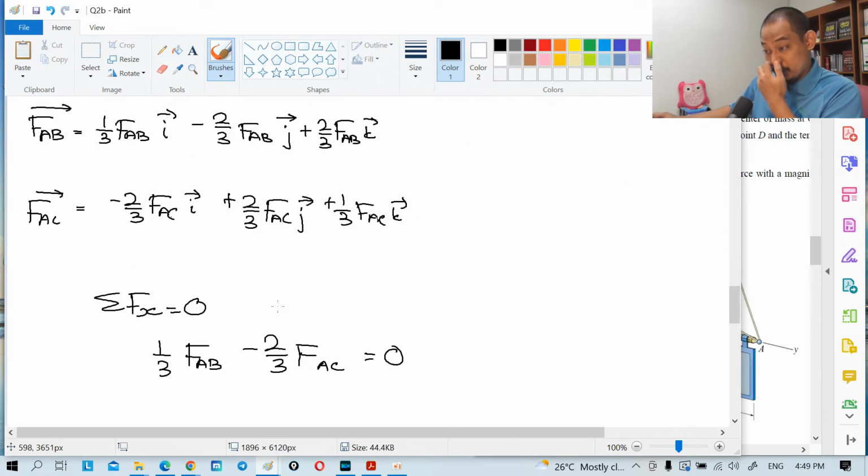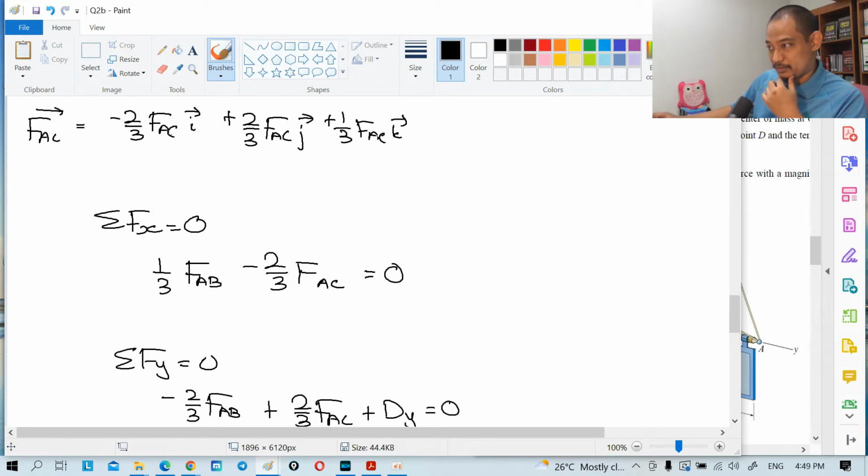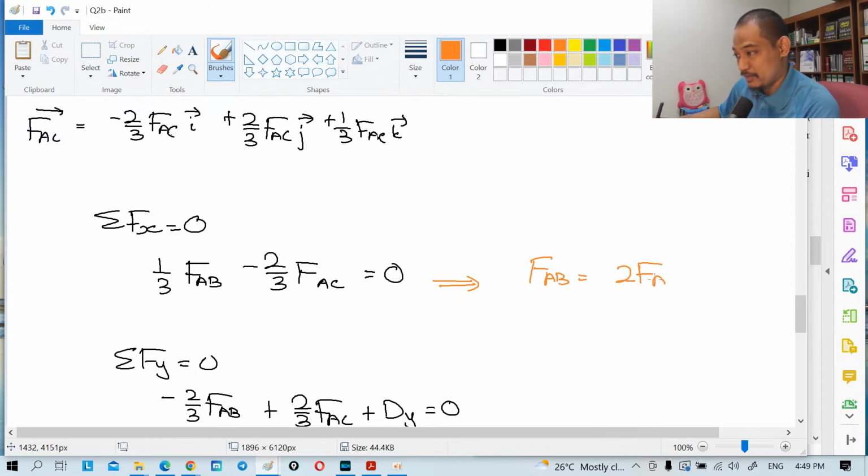Okay, so from here you can do a simultaneous equation from this first and third one, right? So let's reshuffle this one. If we bring on that side, FAB equal to 2 FAC, right? FAB equal to 2 FAC.